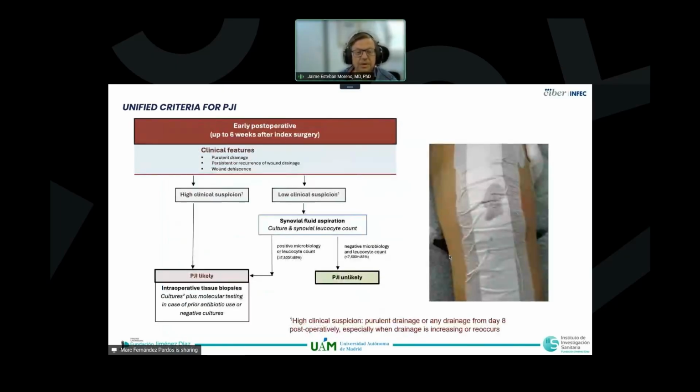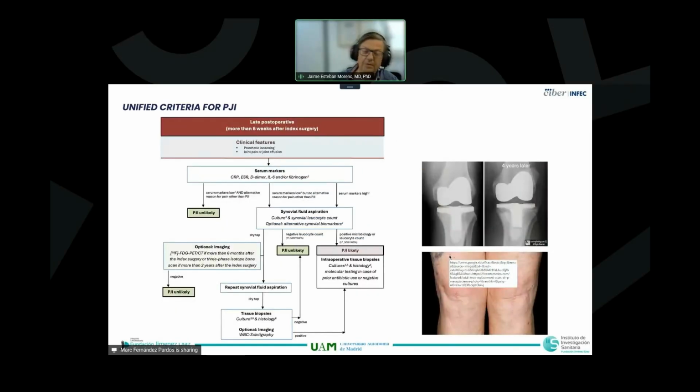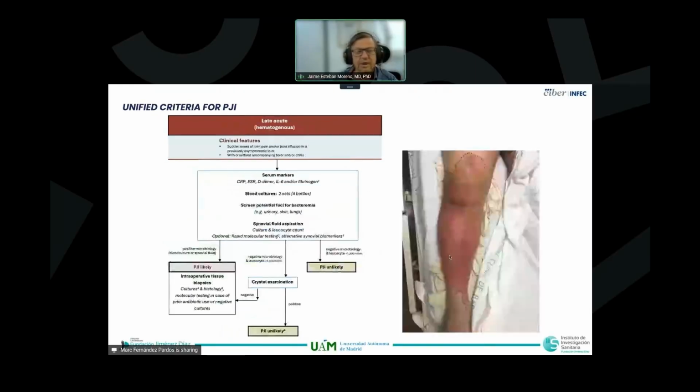The team also established flow charts for the diagnosis of different prosthetic joint infections. This is the diagnosis of early postoperative infection. This is more complex, for the diagnosis of late postoperative infection. And we have one last flow chart for the late acute infection, the hematogenous infection.